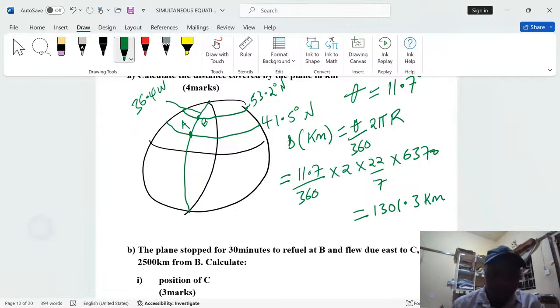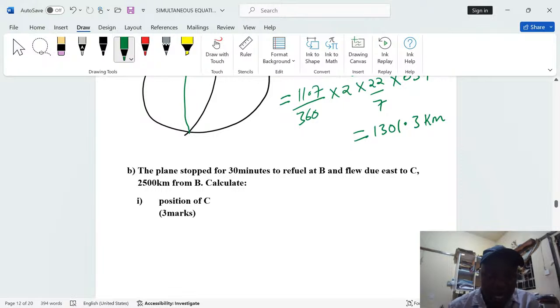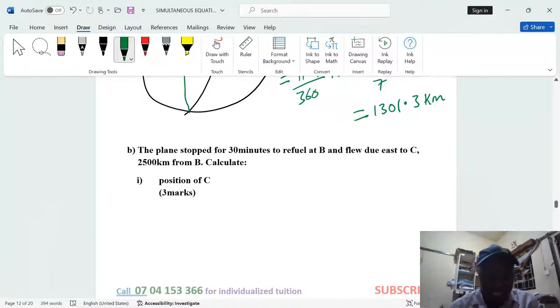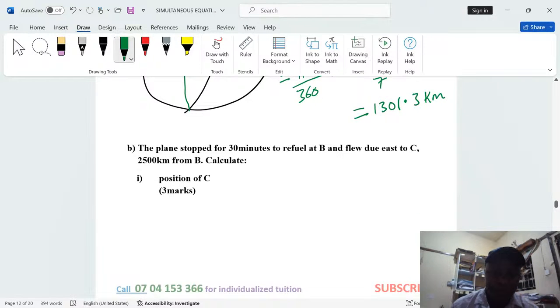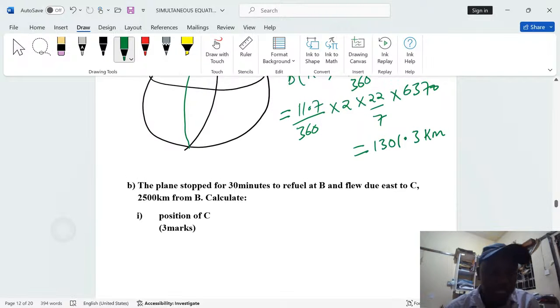The next question, part B, we are told that the plane stopped for 30 minutes. That is very sensitive. The plane stopped for 30 minutes to refuel at B and flew due east to C. Therefore, from B, the plane is going to fly due east 2500 kilometers.